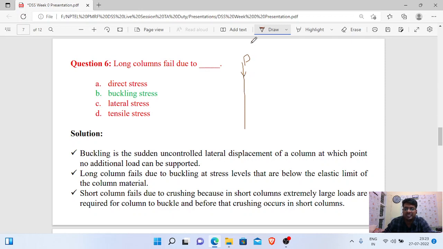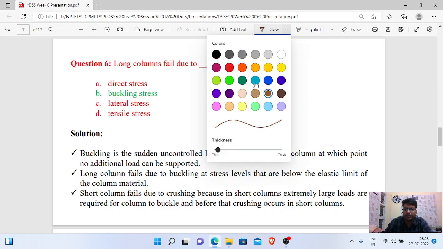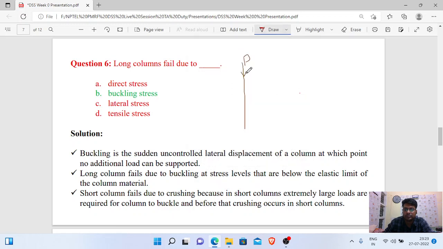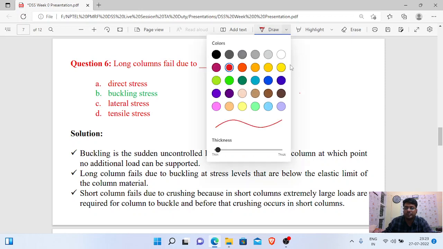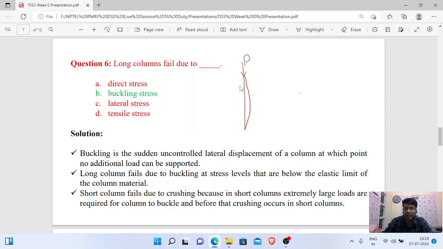The tendency of this column will be to buckle like this. A small amount of lateral force from this direction, or eccentricity in the load acting over here, will buckle this column and it will fail under buckling.